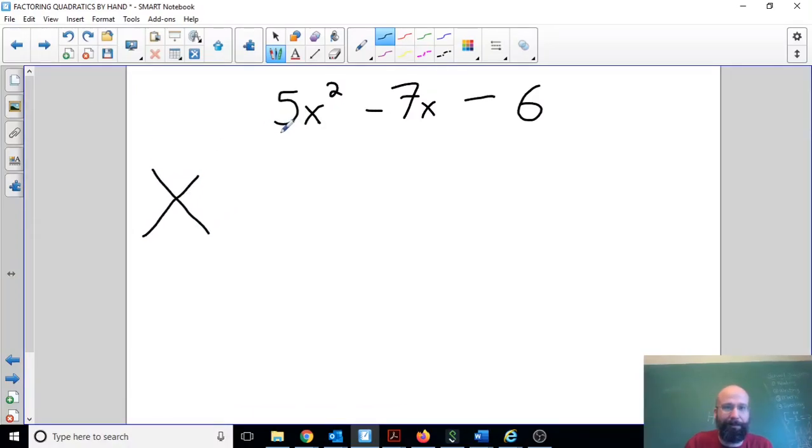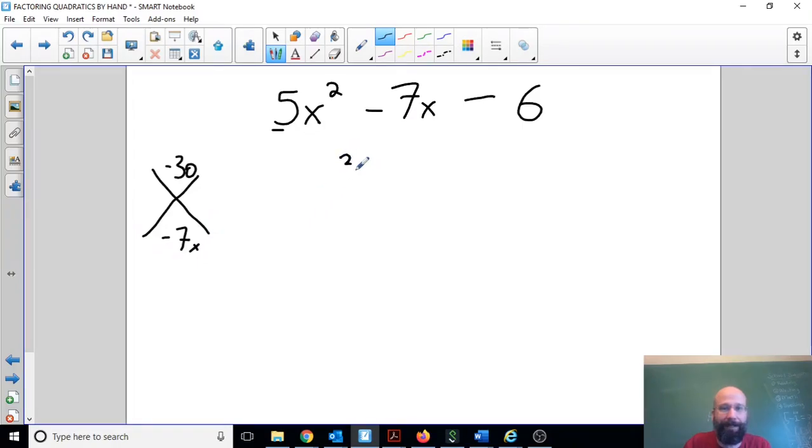And we multiply a times c. And we get negative 30. And then this one's here. So now we're looking for two numbers that multiply to negative 30 and add to negative 7.